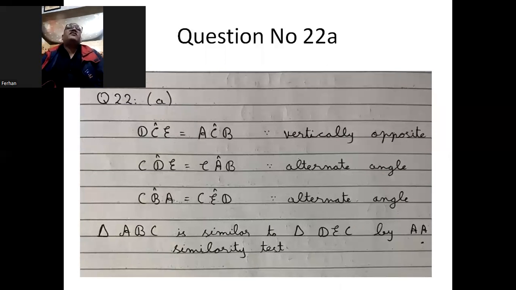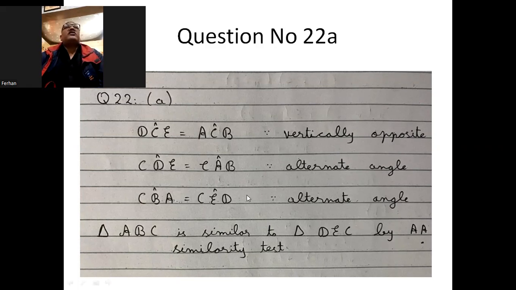So we can say that the triangle ABC is similar to the triangle DEC by the angle similarity test. Angle similarity test means that when you are comparing two triangles with each other, if you find that two angles in one triangle and two angles in the other triangle are the same, we can say they are similar. This is called the angle similarity test. So this is how you do question number 22, part A.